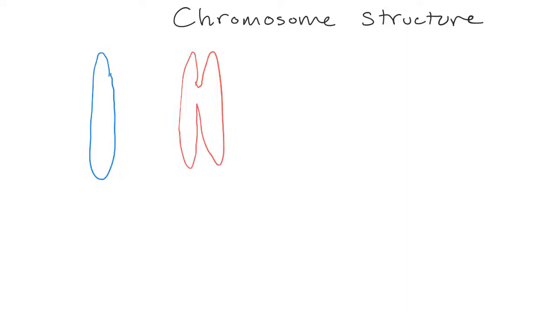And a chromosome that has one of each of its genes copied in there is called a chromatid. Okay, so each section, one linear chromosome, is called a chromatid.